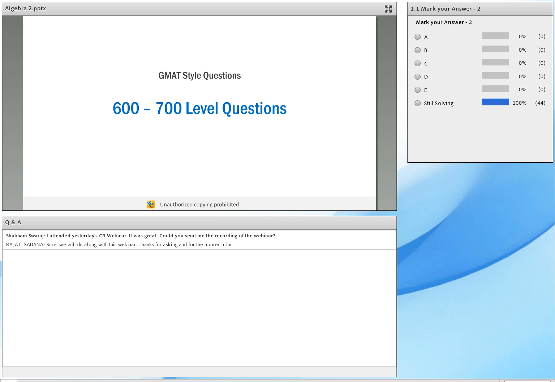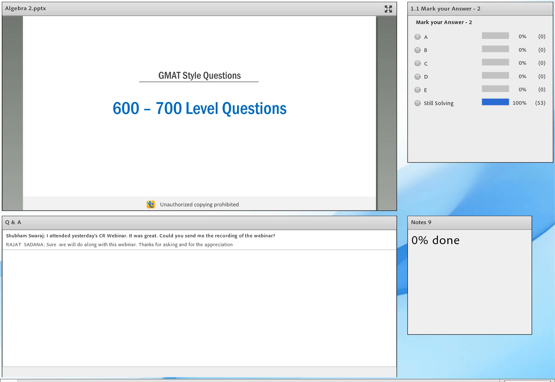Okay, let's get to about 60 people saying not still solving. Let's get to 60%, 60 people. I only have 49 people. Yes, you don't see a question because I'm waiting for people to choose still solving.